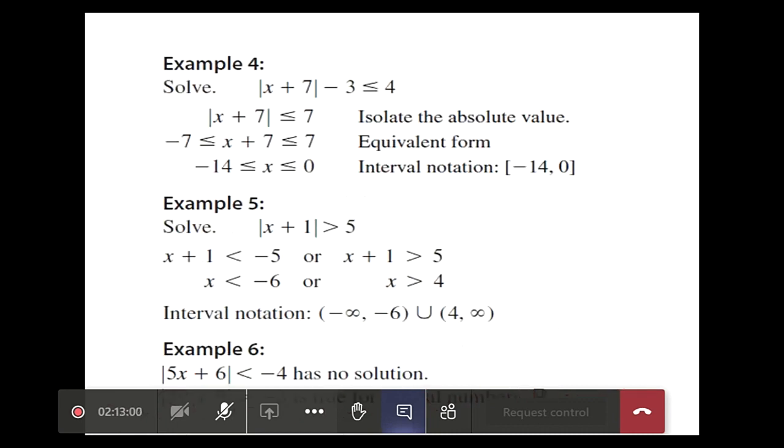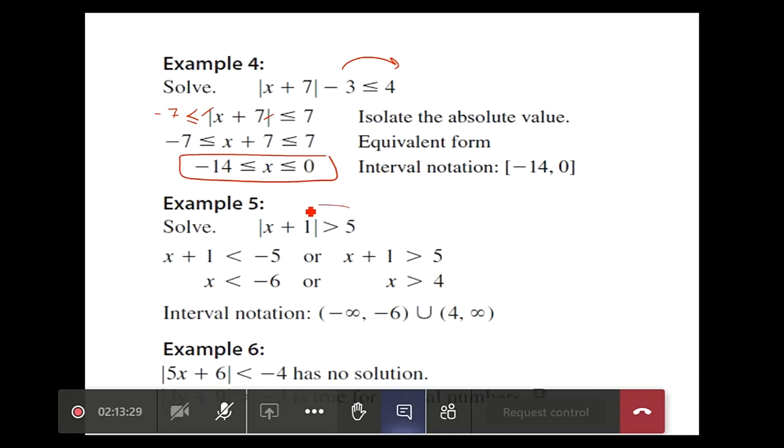This is an example for our inequality with absolute value. Put the 3 here, we have 7. After that, we can remove the absolute value, but we need to put it as minus 7 here. So move the 7, and we have x between minus 14 and 0.